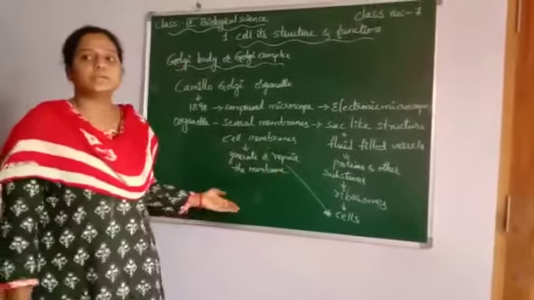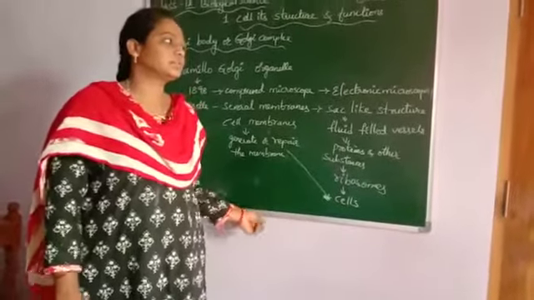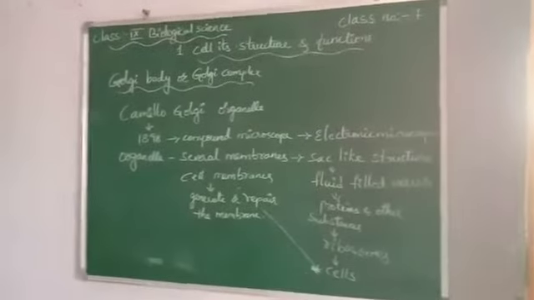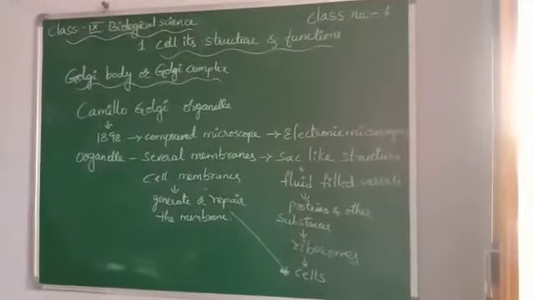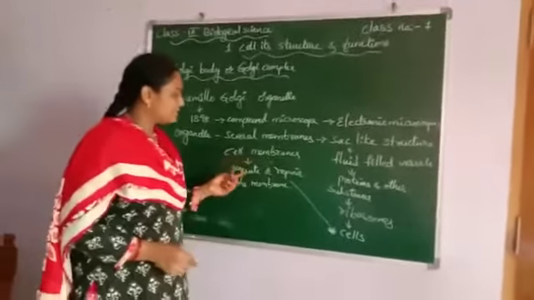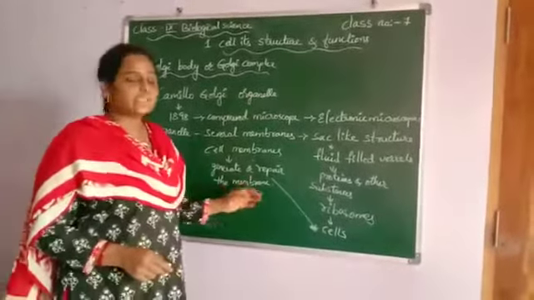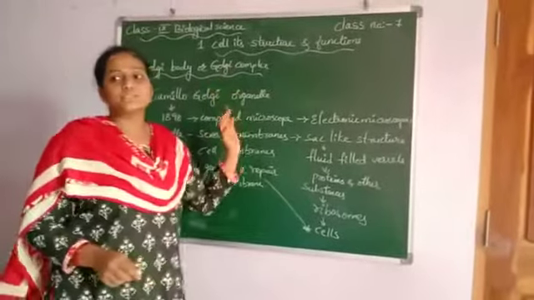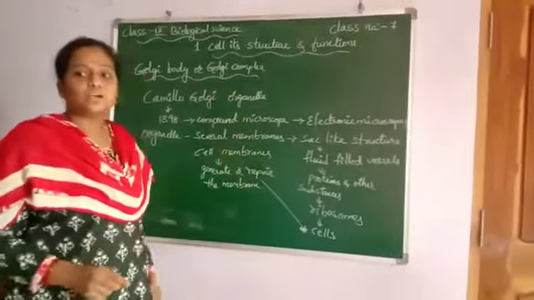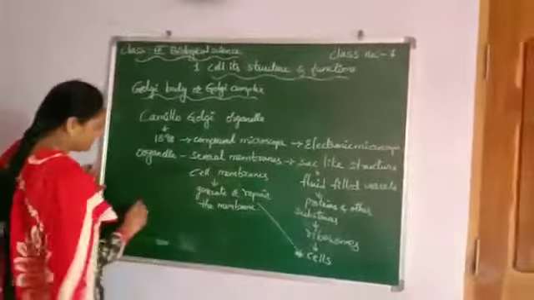The number of Golgi bodies, to generate or repair the cell membranes, varies. The membranes of the Golgi complex vary from one cell to another cell.